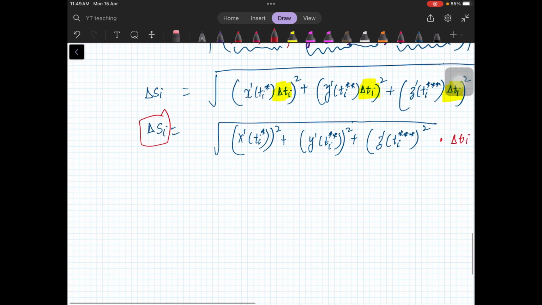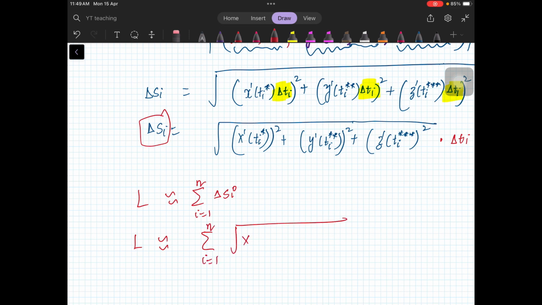And I was saying that my L can be approximated with the sum over i from 1 to n of delta si. So this length can be approximated by the sum over i from 1 to n of the square root of x prime ti star squared plus y prime ti double star squared plus z prime ti triple star squared, times delta ti.